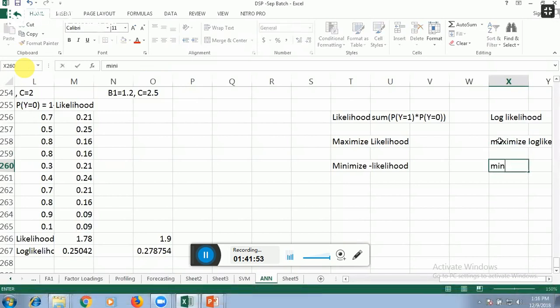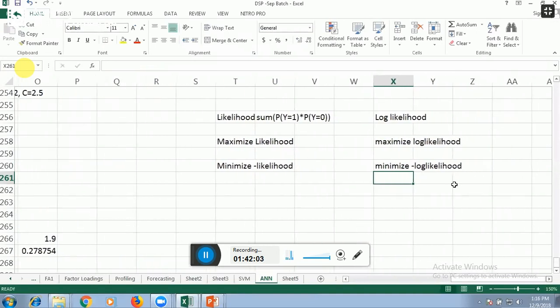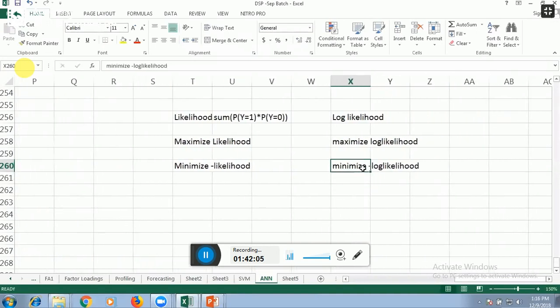So that means minimizing the minus log likelihood. Correct or not? Why am I taking this, why not maximizing? You can take it. If I want to take this one, I can use the gradient ascent algorithm.